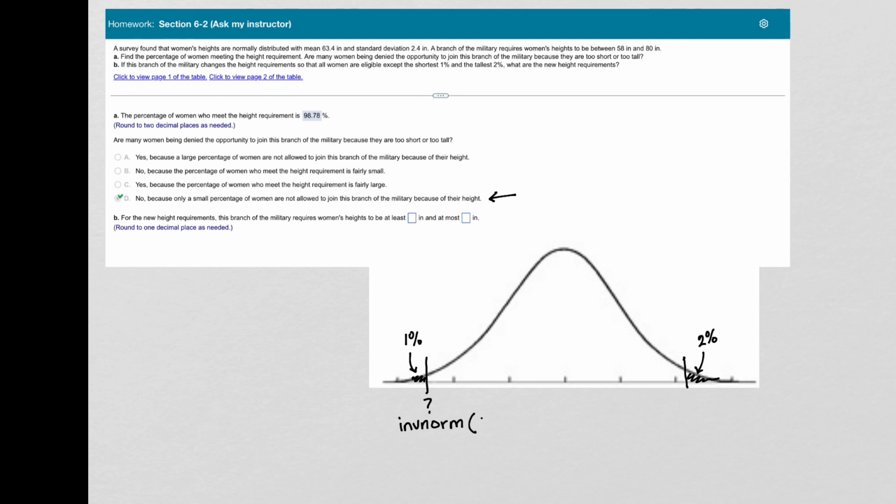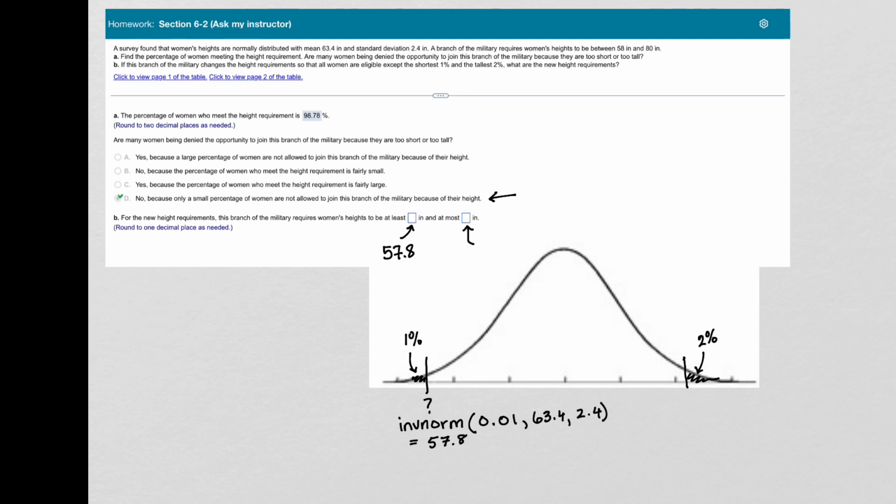And I have 1% on the left, and the mean of the heights is 63.4, and the standard deviation is 2.4. So when I calculate that, I get 57.8 inches rounded to 1 decimal place. And so that's what's going to go in here for at least 57.8 inches.